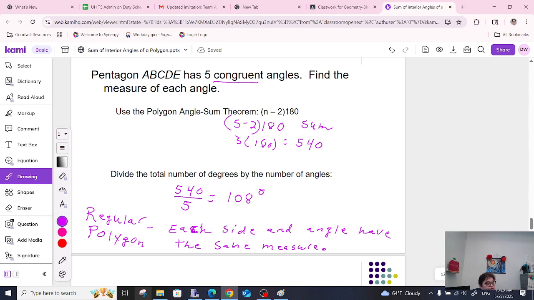Look at your pictures. 10 was a regular octagon. We did have a 7-gon, which is a heptagon. 24 is regular. All of those would be that you have the same sides and the same angle measures when they are called regular. Okay, any questions about that?